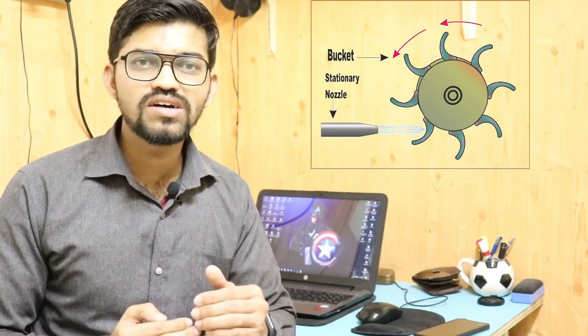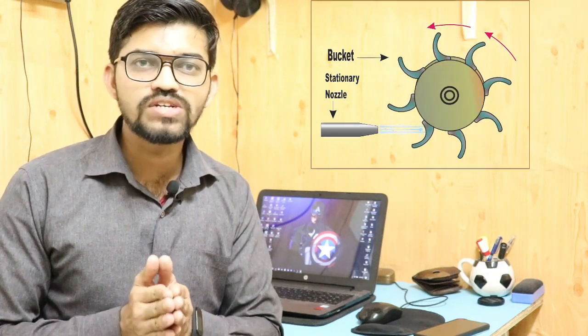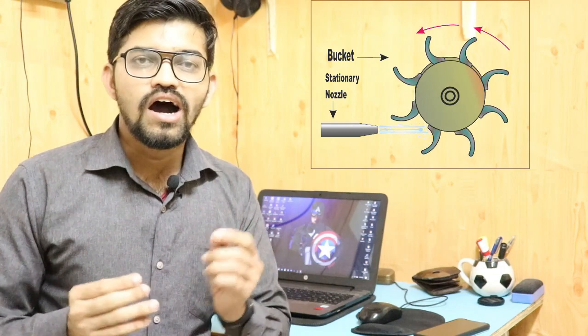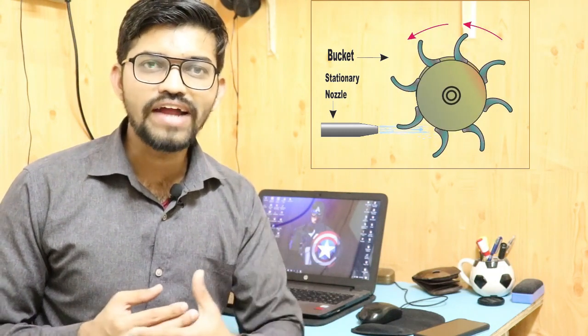This causes the turbine blades to rotate, which rotates the shaft connected to the blades, and this shaft is connected to a generator, and the generator will produce electricity. So this is the actual working of the conventional turbine.